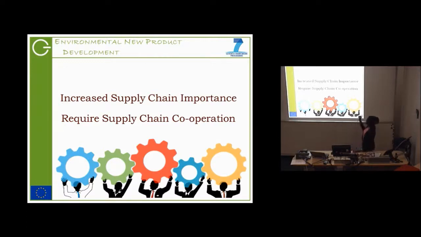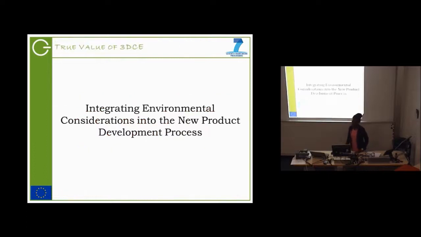So suddenly your supply chain has more importance within your product development process. And for you to use it, you need the cooperation of your suppliers. You need to get them to help you with your product development. That's where the true value of 3D CE lies. When you start integrating environmental considerations in your new product development process, you need the help of your supply chain. You need that early supply chain design and consideration to come in.